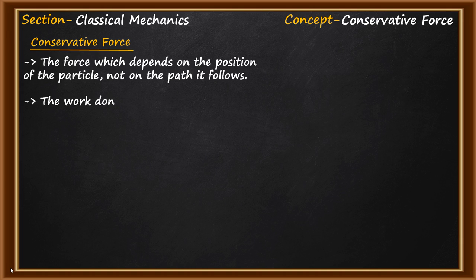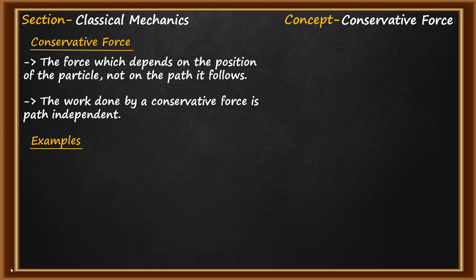Therefore, the work done by a conservative force is path independent. You can understand this concept through a very simple example. The example could be the force of gravity. Suppose you have a ball which you drop from a certain height. Due to gravity, it will reach the ground.